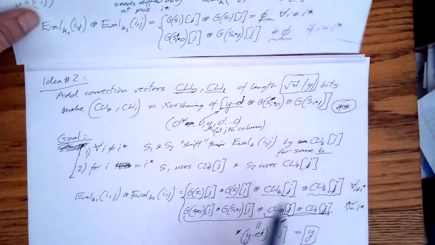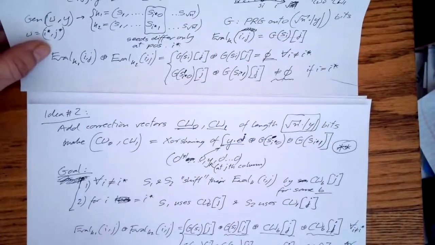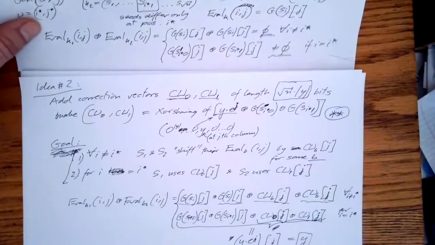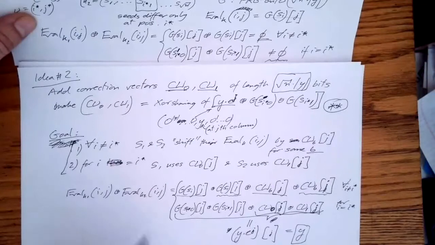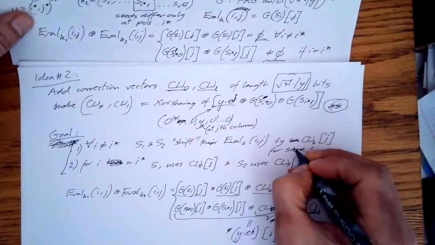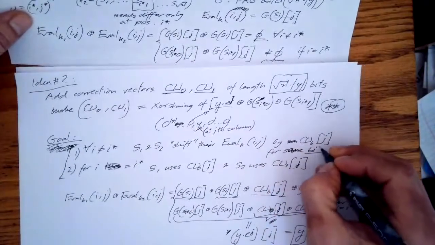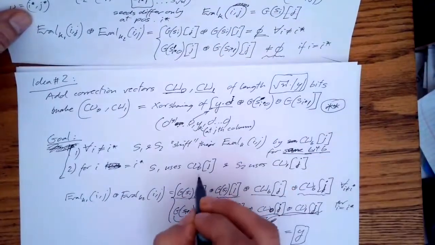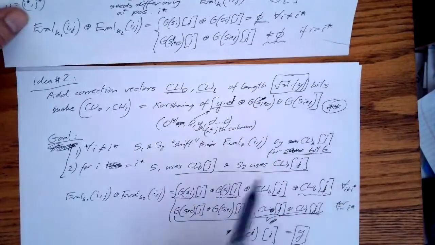So I guess my question is how do they choose the same B in the first case, and different in the other. In the first case, when I is not I star, they choose the same bit B. Yes, right. And so we still have to get this type of synchrony.